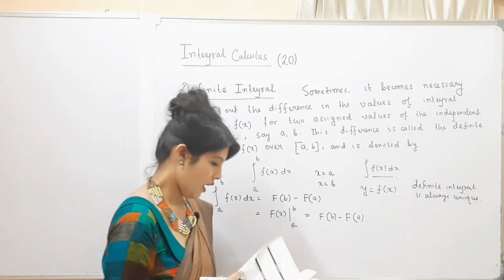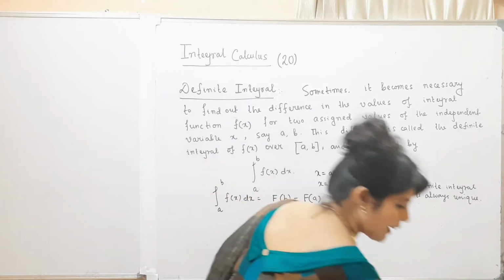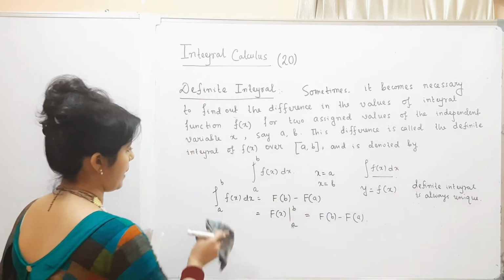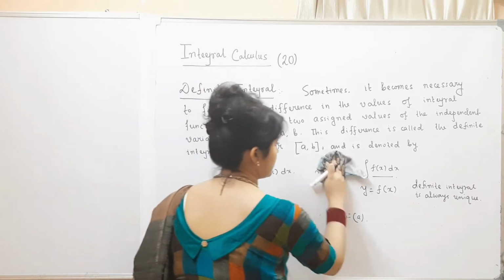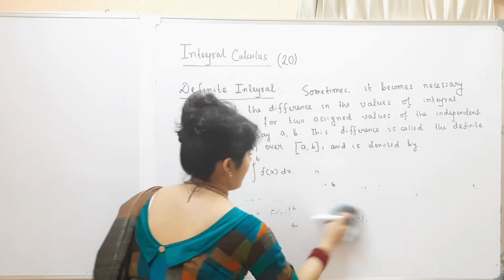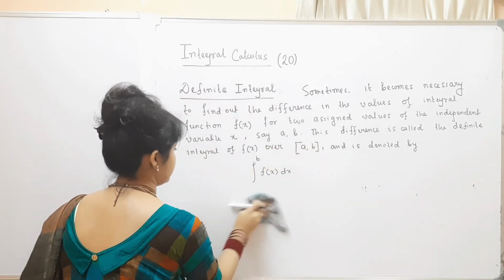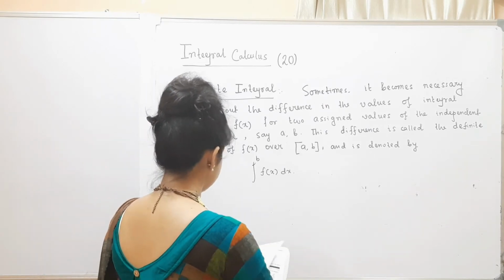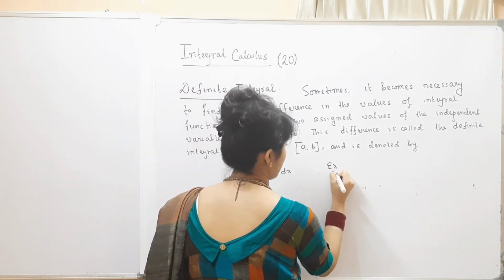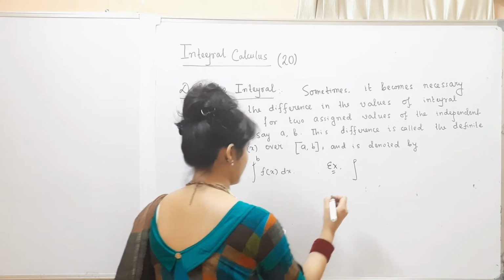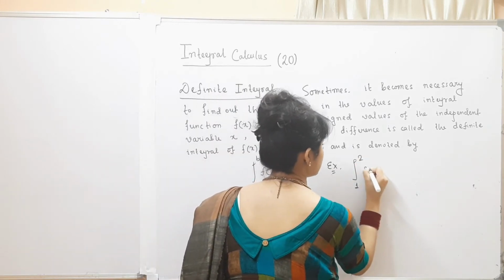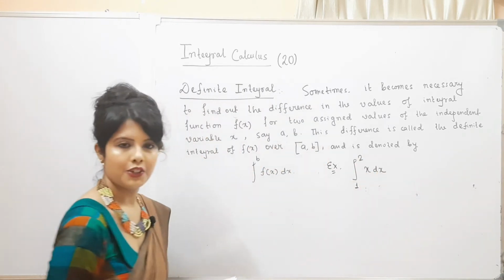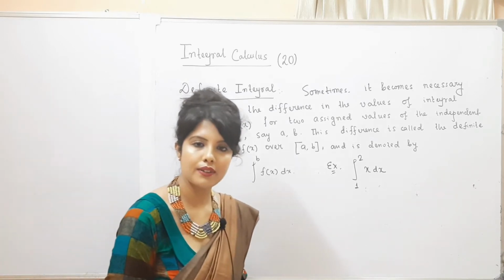Now I can consider some examples. So I am removing this one. I can consider some elementary example, that is integration 1 to 2 x dx. So how do you evaluate this one?